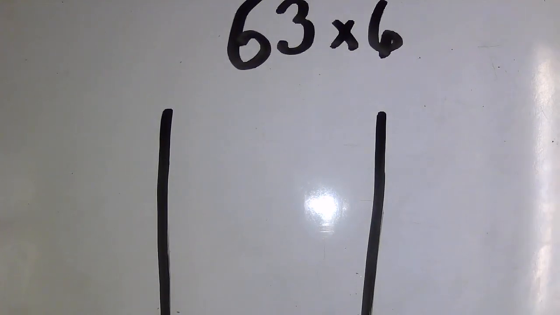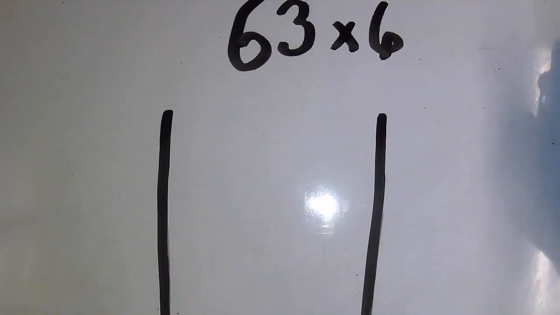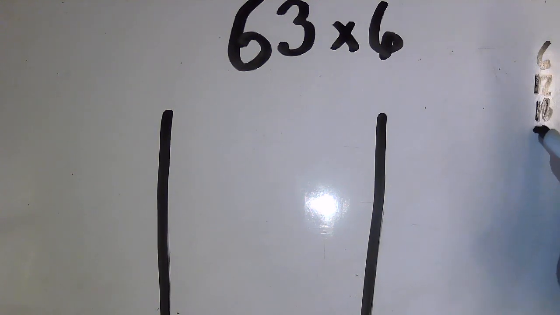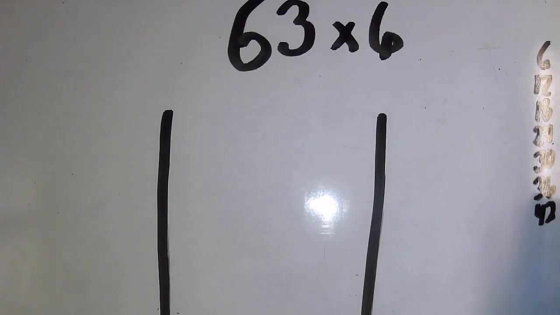So first I'm going to do my multiples of 6 that will stay on my board. 48, 54, 60, 66, and 72.